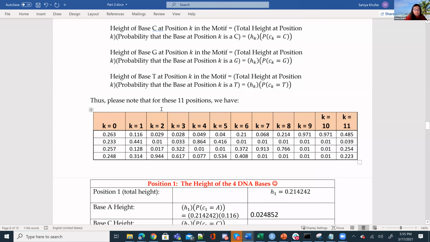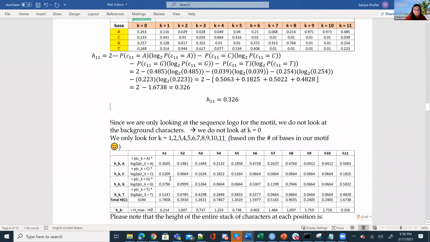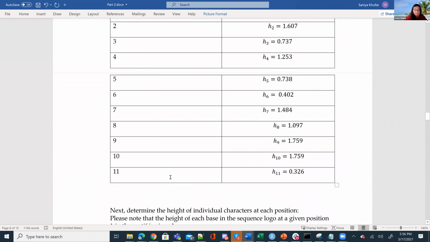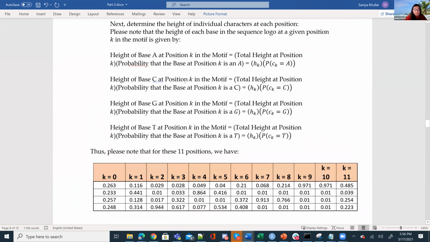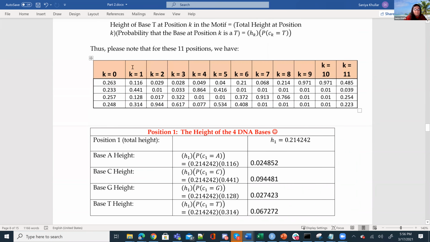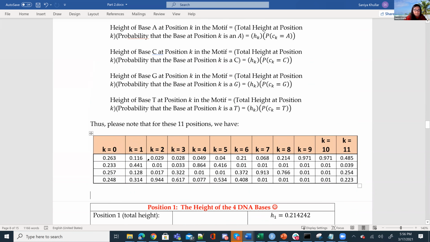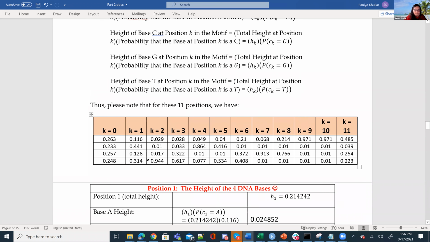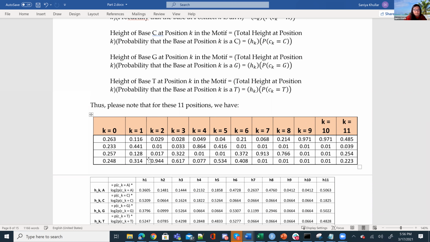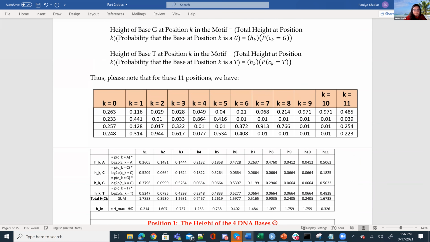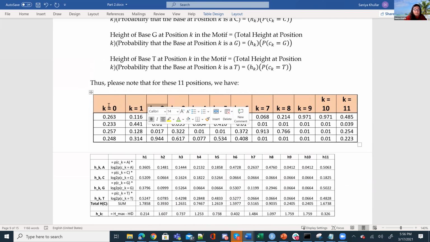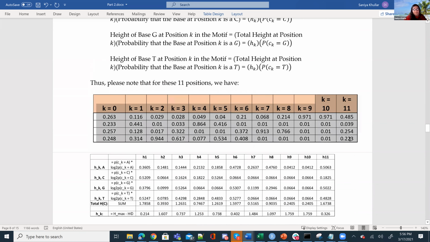Let me bring this part down right here. This is our probability weighted matrix that we had.